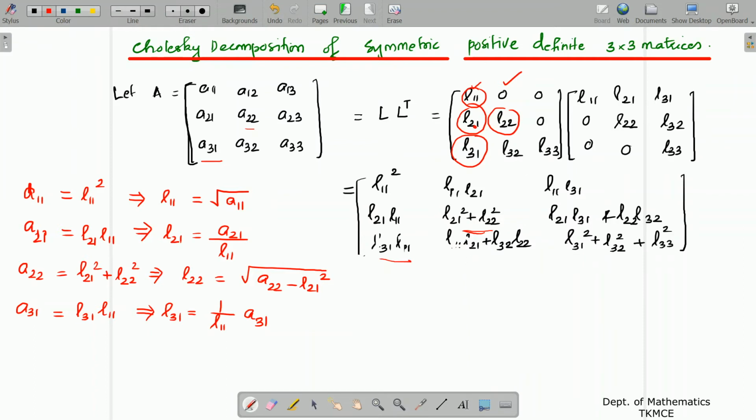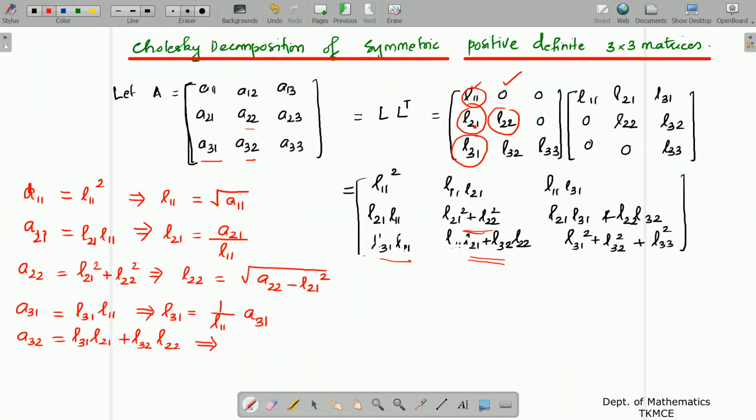L32 is obtained by comparison of L31, L21 plus L32, L22 with the corresponding term of the left hand side, which is A32. So we have A32 on the left getting compared with L31, L21 plus L32, L22.